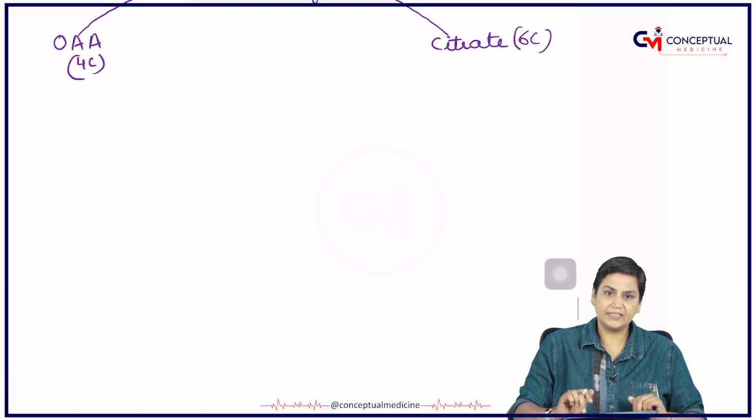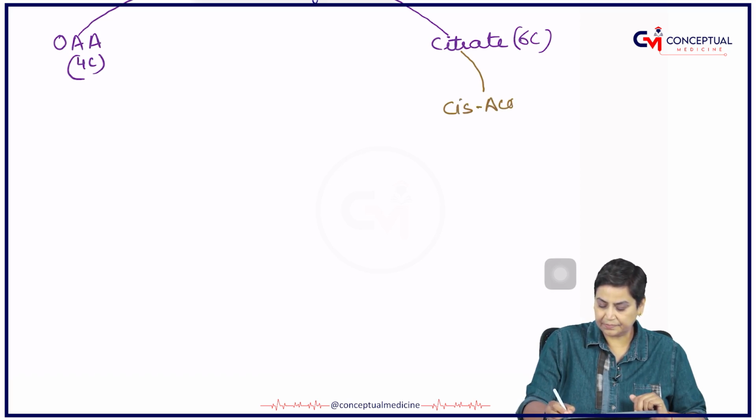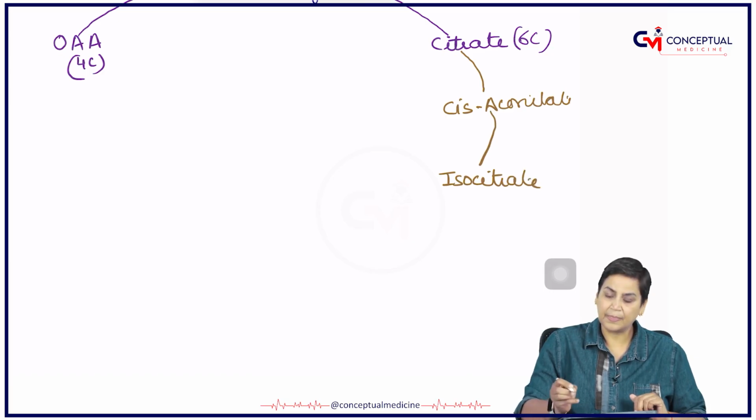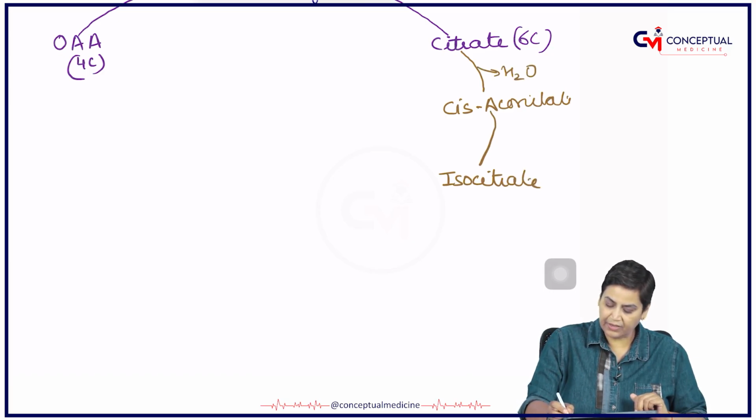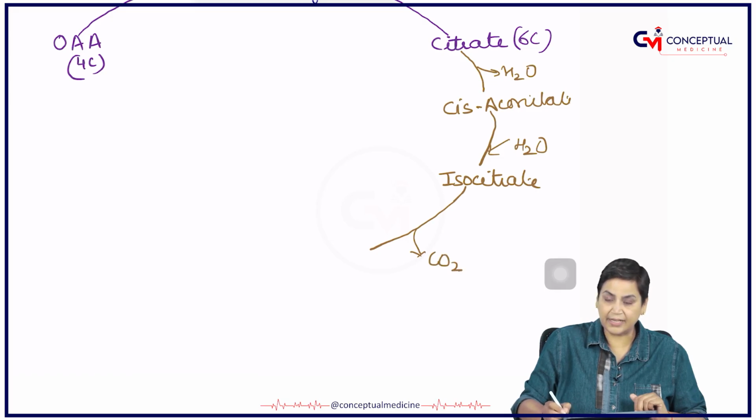Now, this citric acid will give out a molecule of water and form cis-aconitate, and it will take a molecule of water forming isocitrate. So a water molecule is given, and a water molecule comes. Now this isocitrate will undergo the first decarboxylation reaction, meaning it will give out a molecule of carbon dioxide.